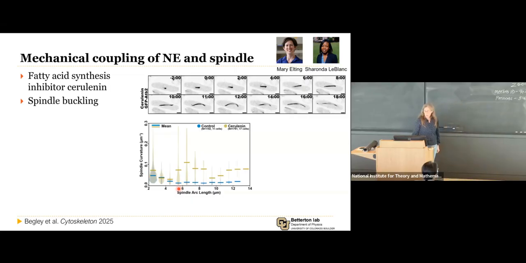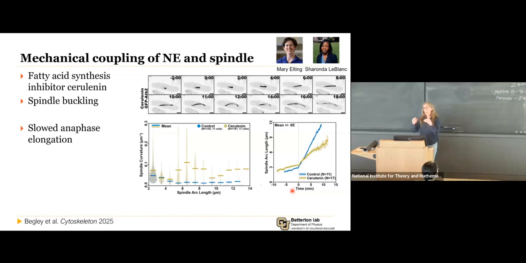And associated with that, if you quantify how the spindle is elongating, the cerulenin treatment slows it down in anaphase. So this is spindle length versus time, and t equals 0 is marking the time of the anaphase B onset, where the spindle that's assembled starts elongating more rapidly.